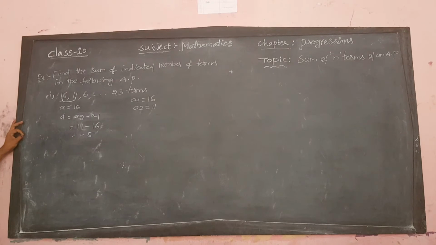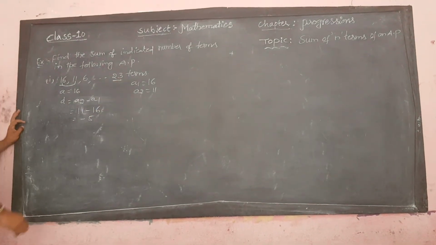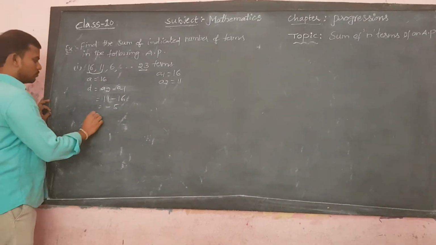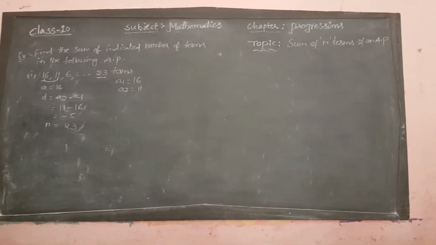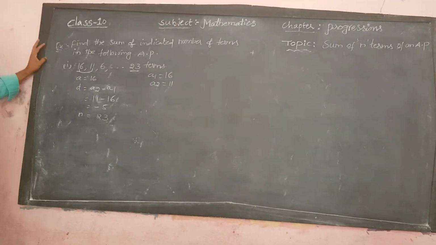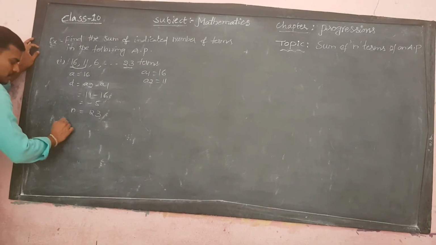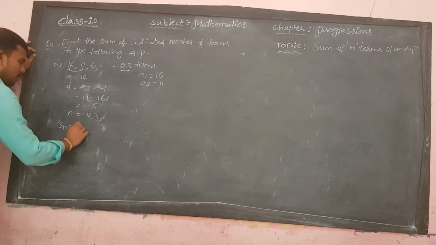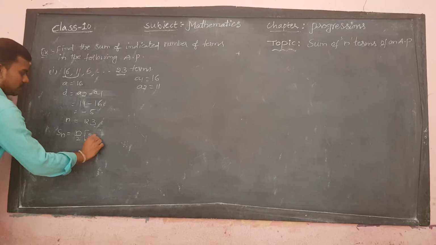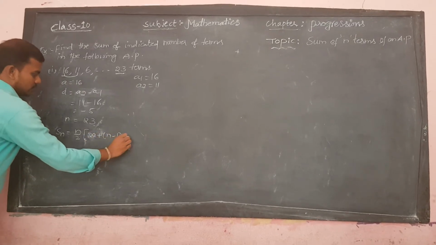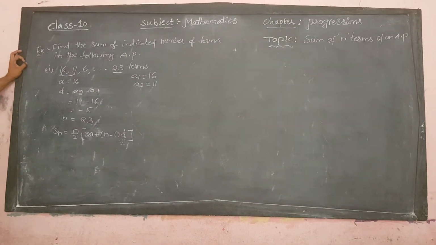The number of terms n is equal to 23. The formula for the sum of n terms of an AP is Sn is equal to n by 2 into (2a plus (n minus 1) into d).